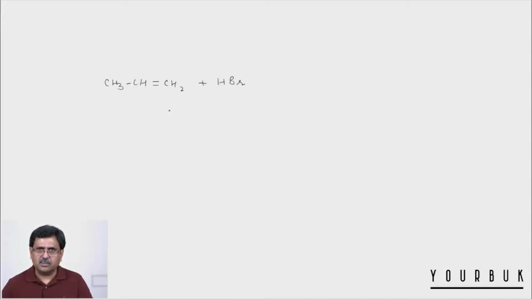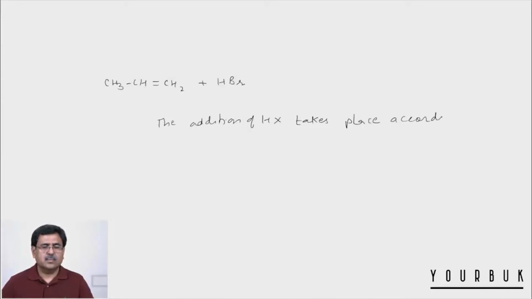There are two options available. Now in case of unsymmetrical alkenes, the addition of HX takes place according to Markovnikov's rule.